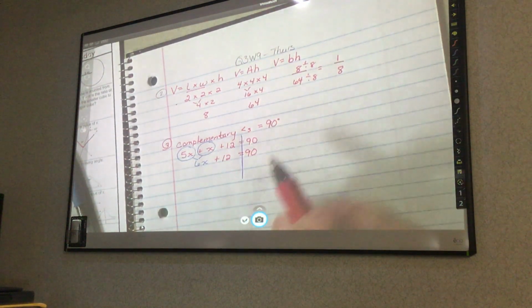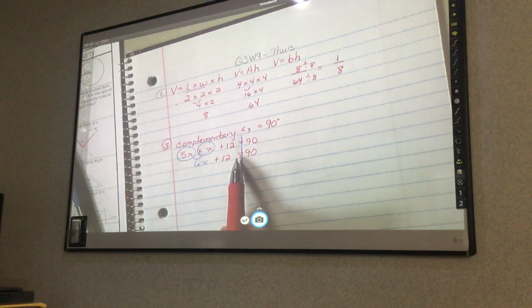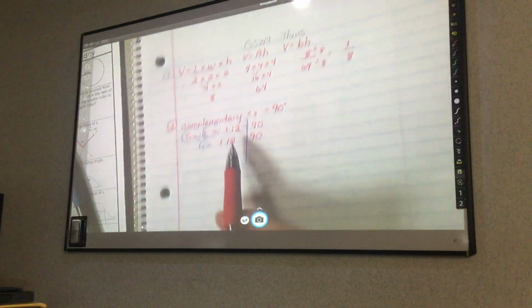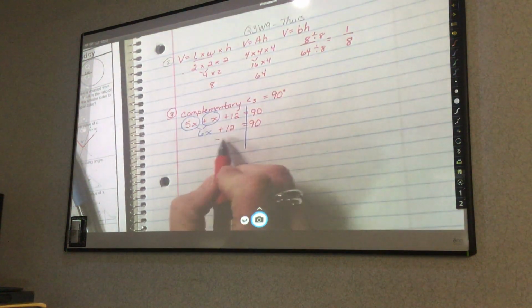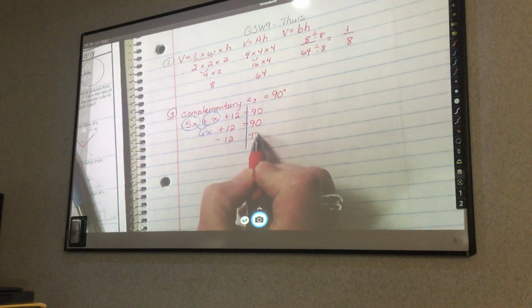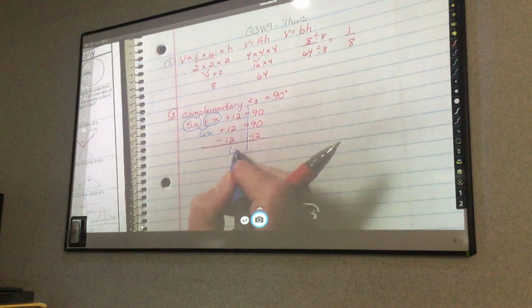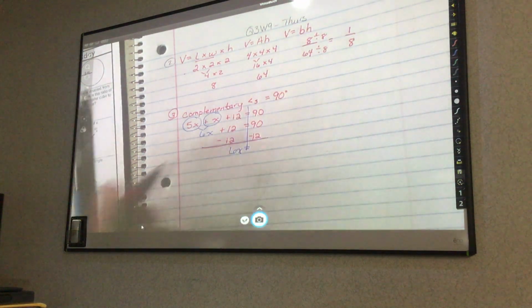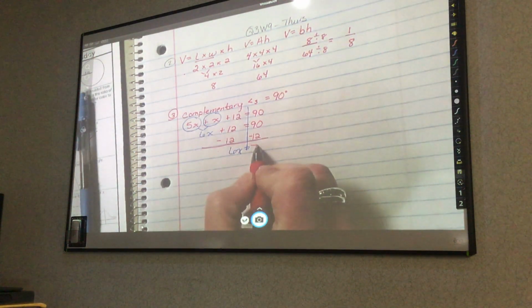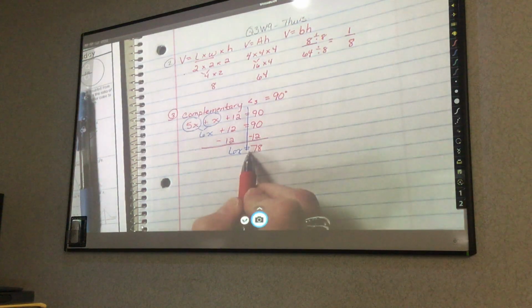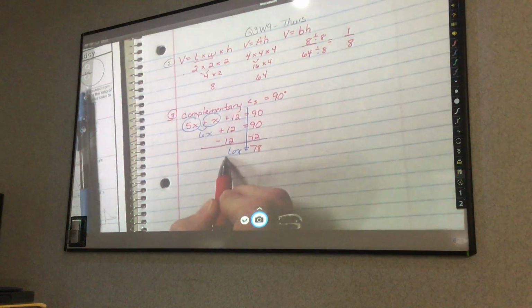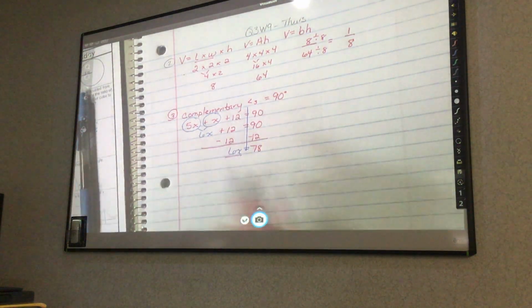I'm left with plus 12 equals 90. Remember, like we were talking yesterday, I'm going to keep bringing down that equal sign every single step of the way. Then I'm going to subtract 12, so I'm left with 6x equals 78. And notice I have the equal sign. Then I'm going to divide, because remember, I'll show it at the end.